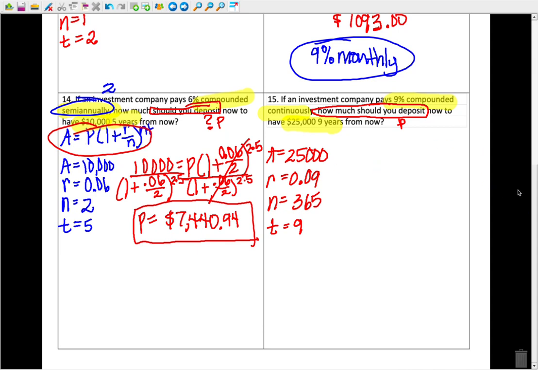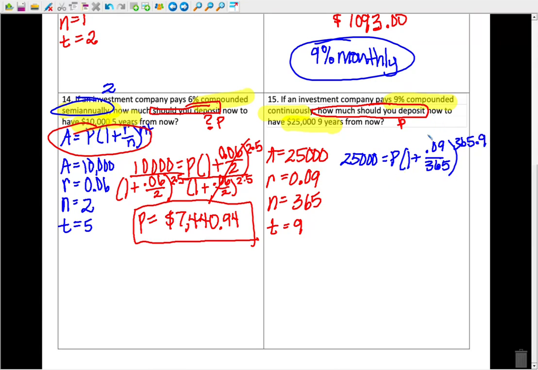We want to substitute what we know in place, which is 25,000 goes where the A belongs. And then for the principal, we're just going to write the letter P. And it's 1 plus 0.09 over 365 to the power of 365 times 9.